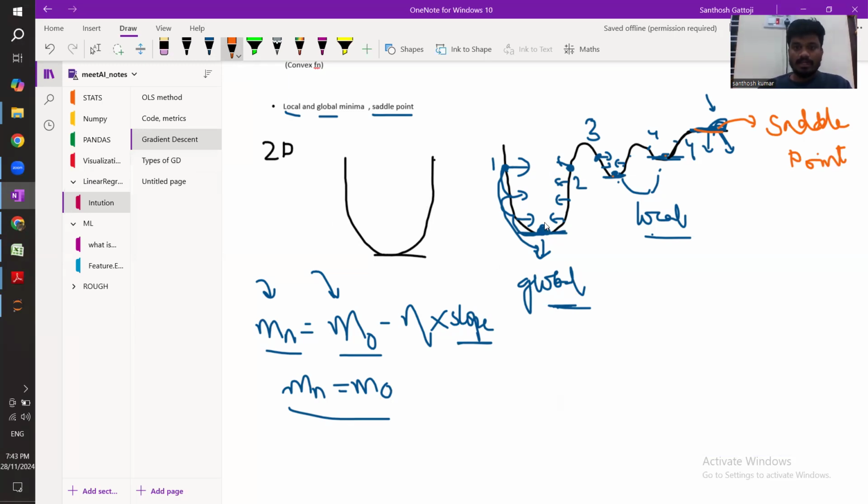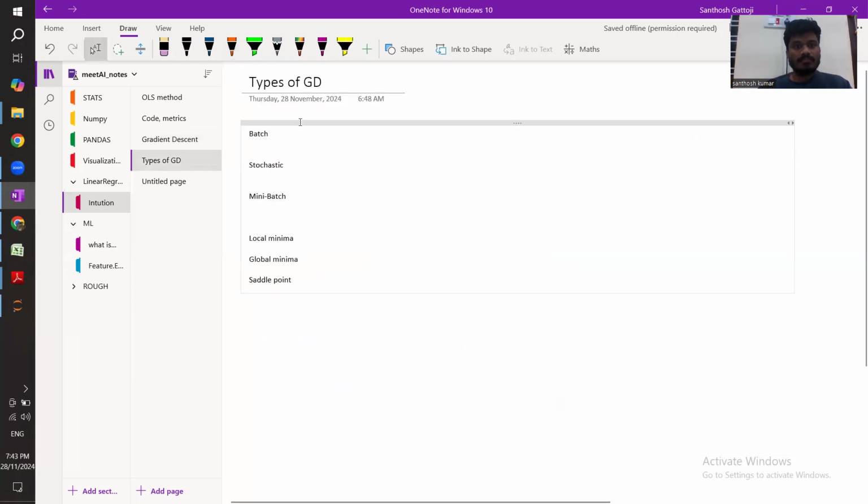Now coming back, our main aim is that it is getting stuck in the local minimum. Not to solve this, but just speaking about gradient descent, we have three types of gradient descent: batch gradient descent, stochastic gradient descent, and mini batch gradient descent.